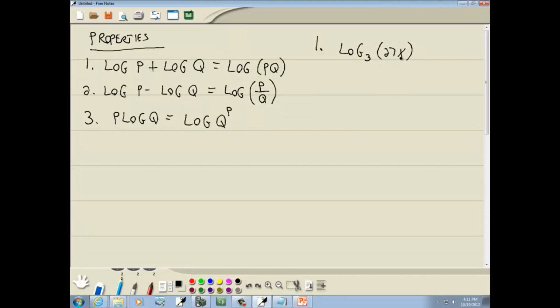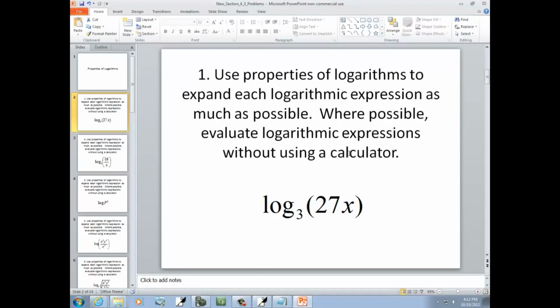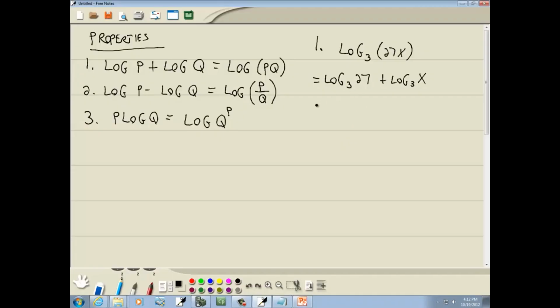Now you have to look at the main thing that's happening inside your parentheses, and there's not much here, it's just multiplication. It's 27 times x. So from property 1, multiplication becomes addition. So we'll rewrite this as log, these are both base 3, log 27 plus log x. Now it says where possible, evaluate the log expressions. Well, that's this one here.